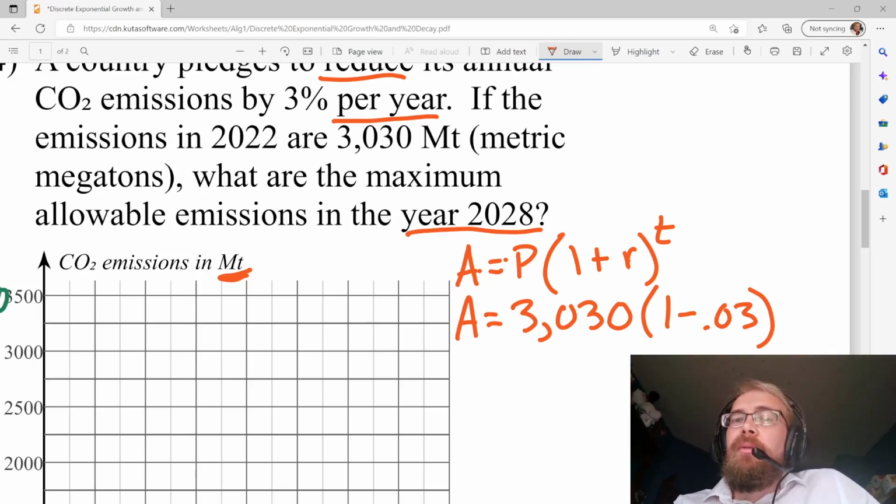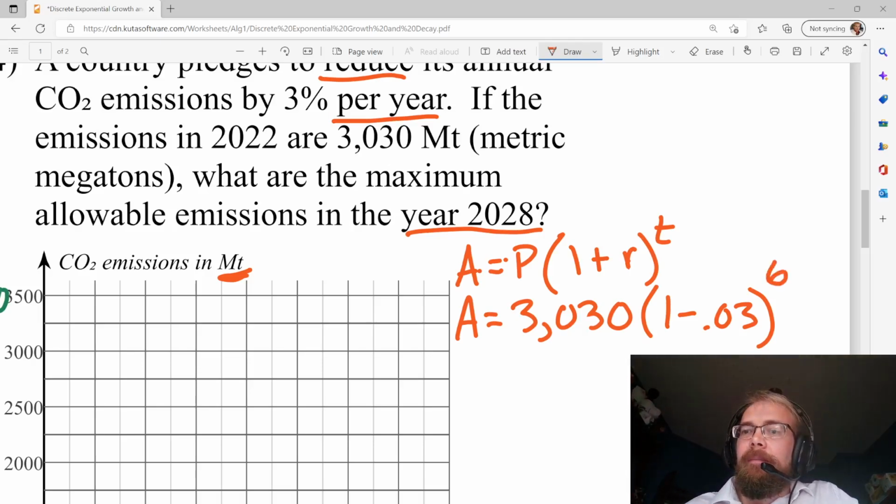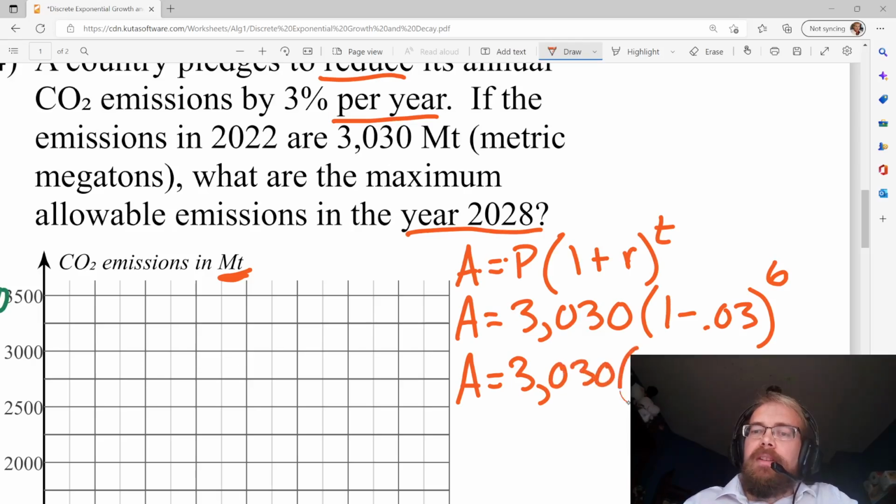So all we have to do is just subtract the 2 years. 2028 minus 2022 is 6. 6 years have passed, so T is 6. And then I like to clean it up a little bit before I plug it in. If you can't see this just yet, I apologize. I will scroll down in a second. 1 minus 0.03 is going to be 0.97.